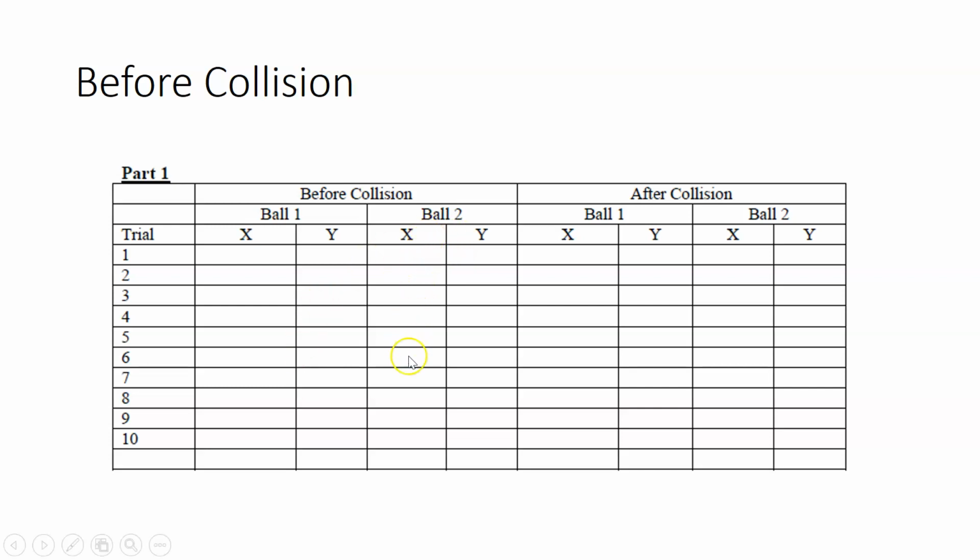Ball 2, before collision, this is all zeros and this is all zeros. So if you want, right now, get your data table and fill out a string of zeros here and a string of zeros here. Then you're going to redo it 10 times with ball 1 and 2 colliding, and that's pretty self-explanatory. You fill in the X and Y coordinates there.